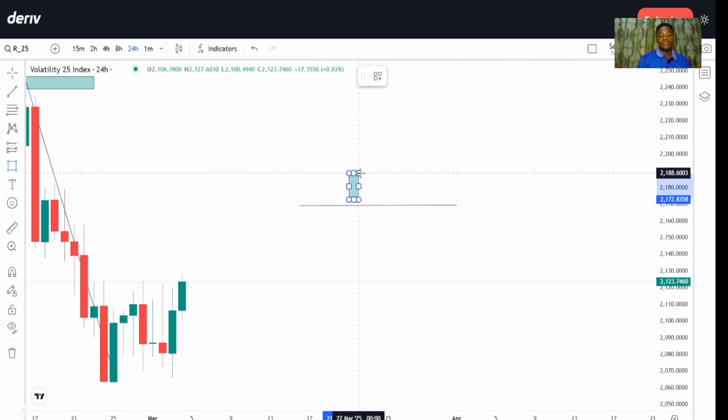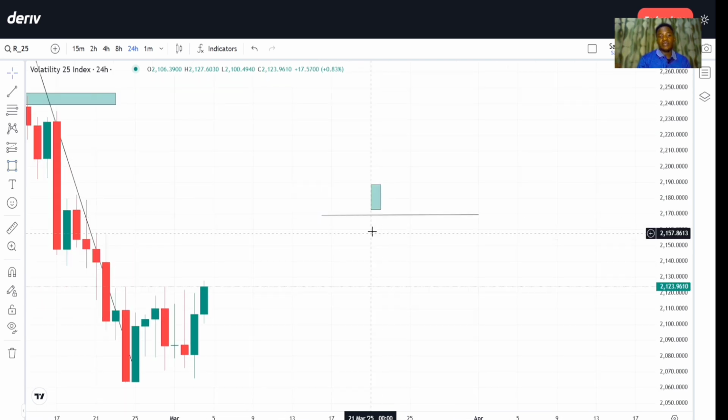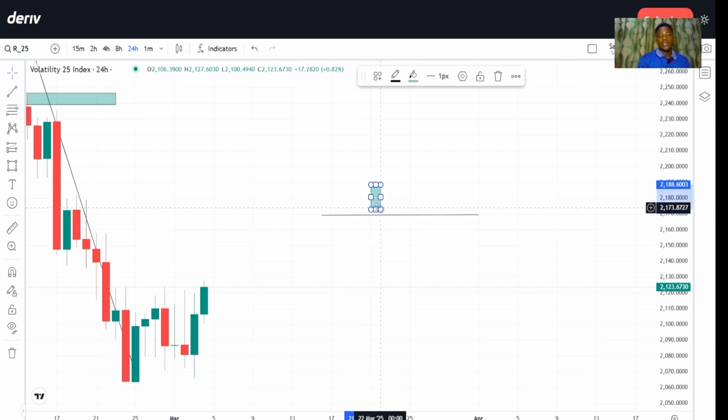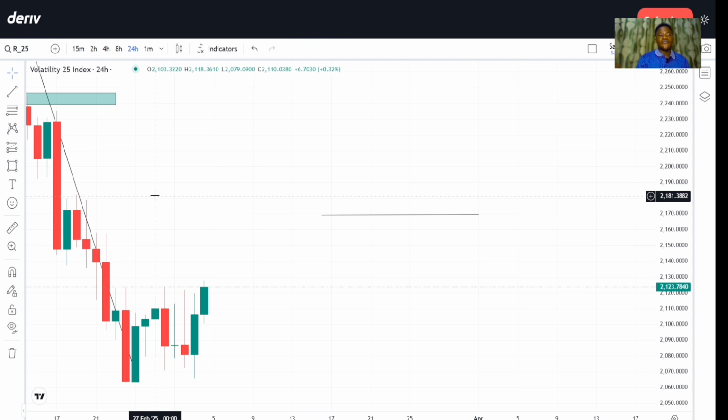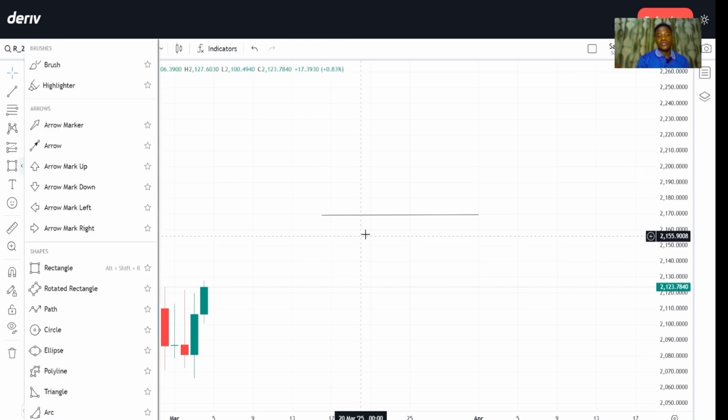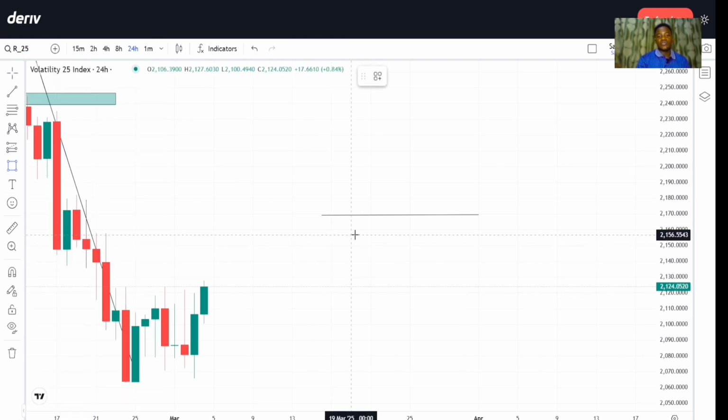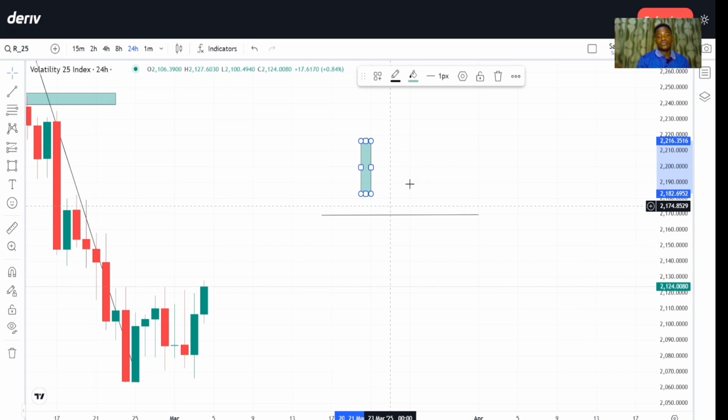A candle must have built outside that zone totally. A whole candle must be outside that zone so that you will be very sure it's a higher high. If you have a candle that builds and stays in between like this, it is not a higher high until a candle is fully outside that zone.